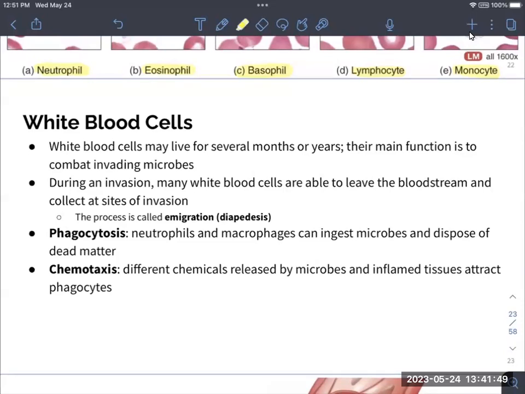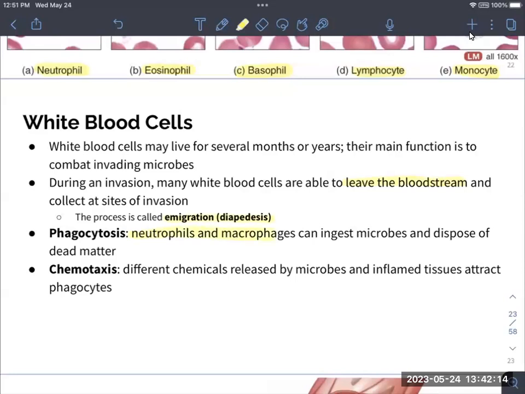And that is, they can leave the bloodstream. That is called emigration, or diapedesis. They leave the bloodstream to go out into the tissues and fight off different pathogens.